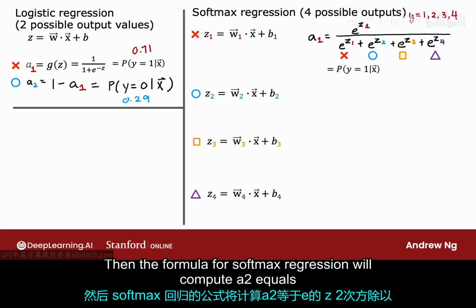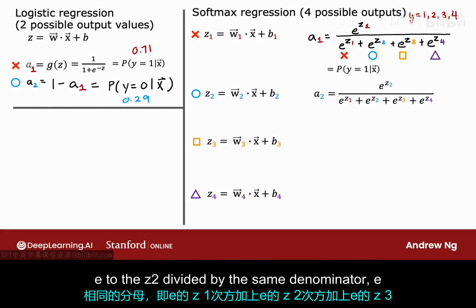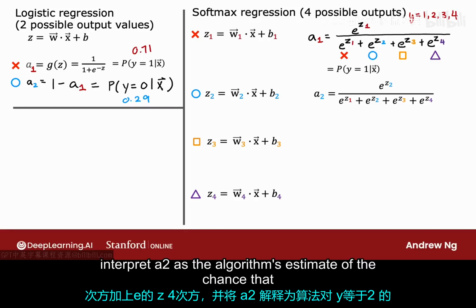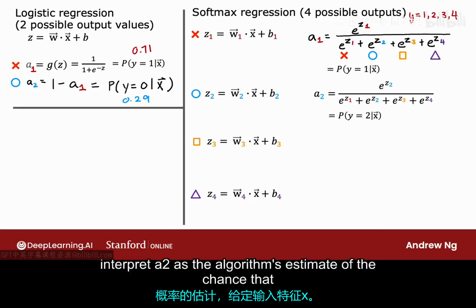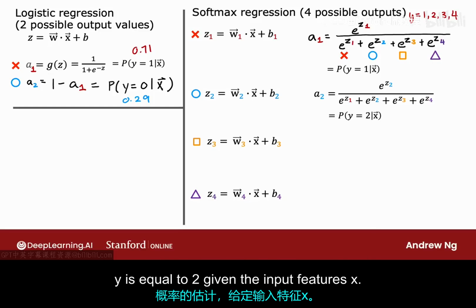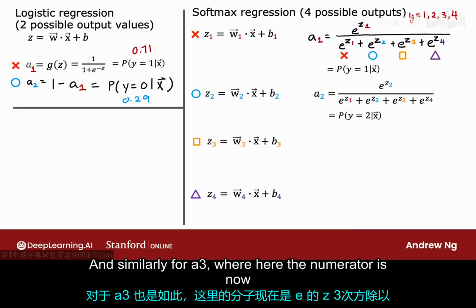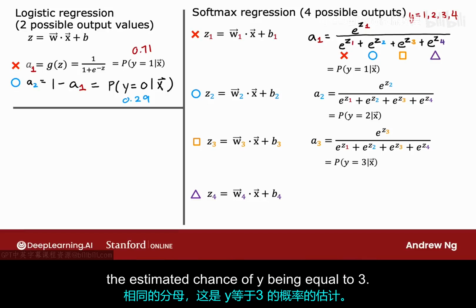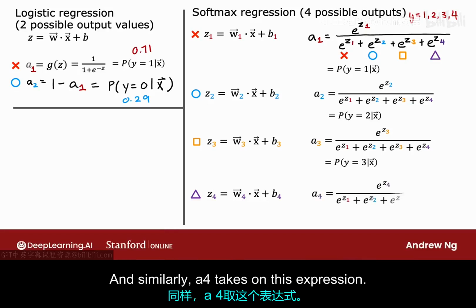Then the formula for softmax regression will compute A2 equals e to the z2 divided by the same denominator, e to the z1 plus e to the z2 plus e to the z3 plus e to the z4, and we'll interpret A2 as the algorithm's estimate of the chance that y is equal to 2 given the input features x. And similarly for A3, where here the numerator is now e to the z3 divided by the same denominator, that's the estimated chance of y being equal to 3, and similarly A4 takes on this expression.